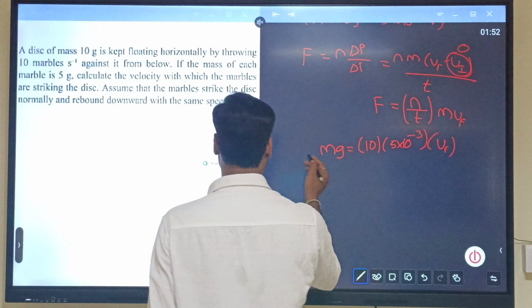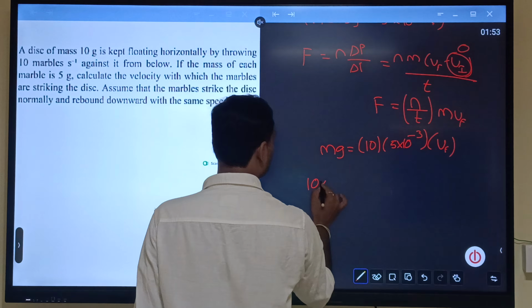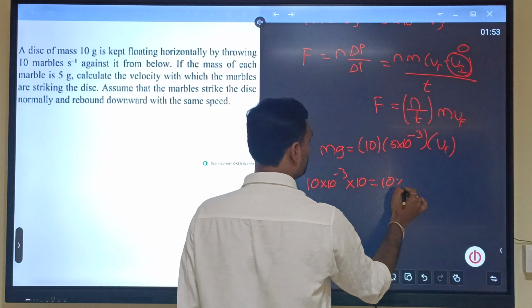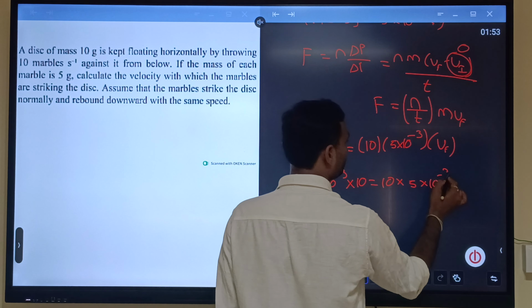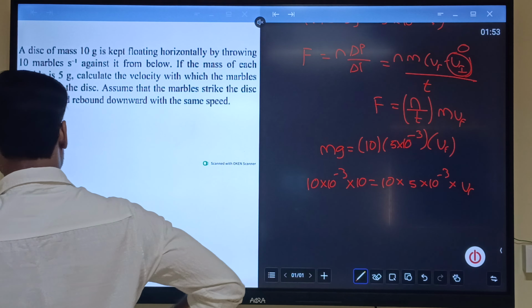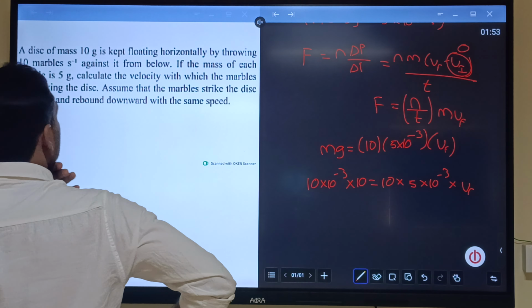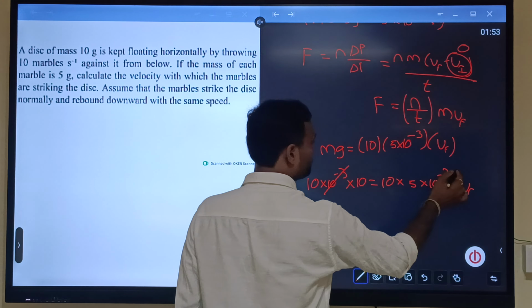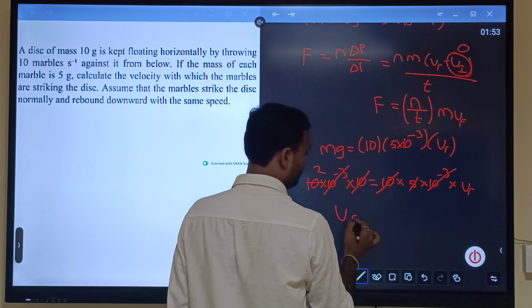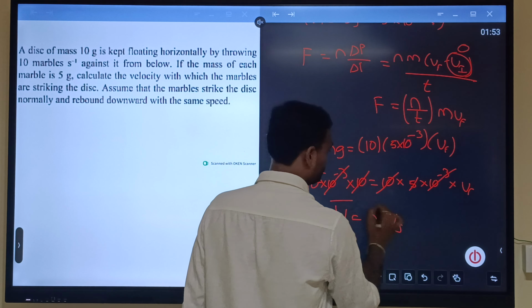Then mass of the disk is equals to 10 into 10 to the power of minus 3, g is 10, equals 5 into 10 to the power of minus 3, Vf. Right. Then this one gets cancelled, this one gets cancelled, 2. So velocity is 2 meter per second.